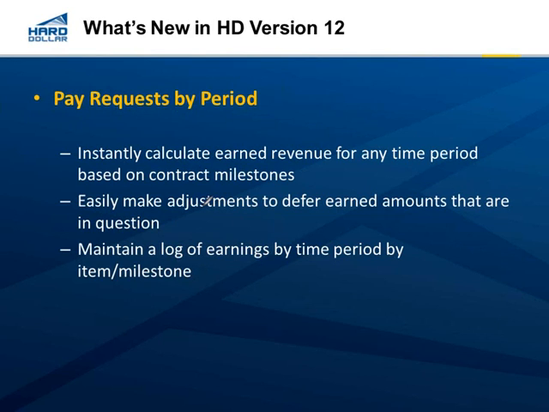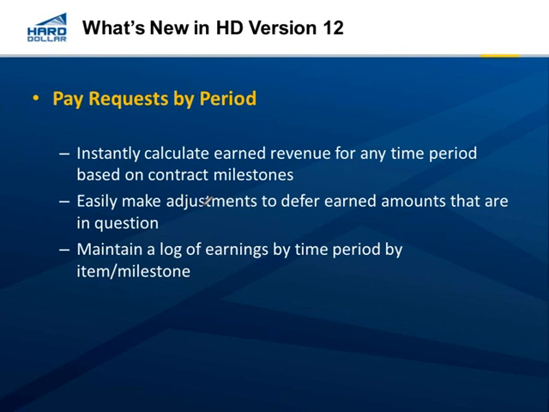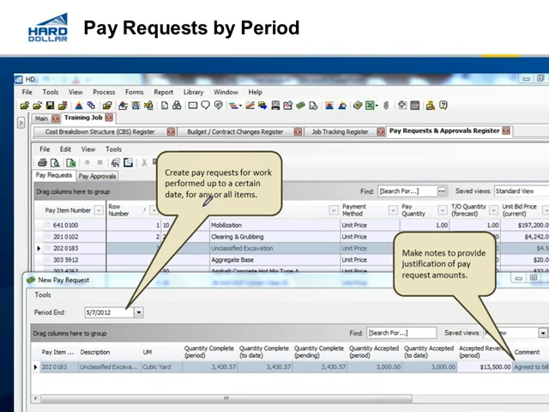It might seem small, but I'm sure it's one of those nagging things that we've taken care of. When we go into that pay request and approval, you'll notice the key box on the bottom is the period end date. So as you're capturing progress on your cost items or account codes, you're specifying a period start, period end date.